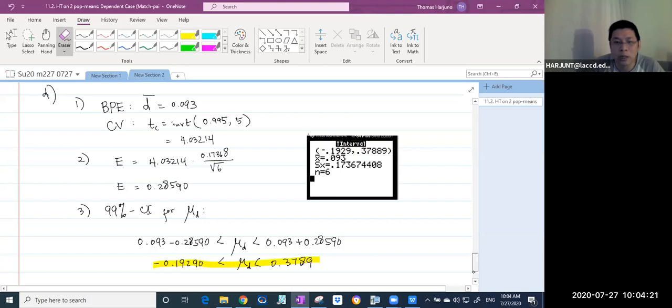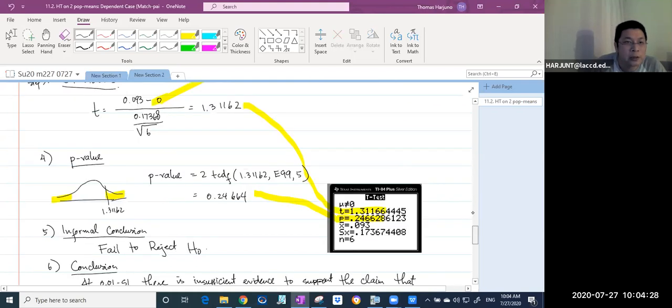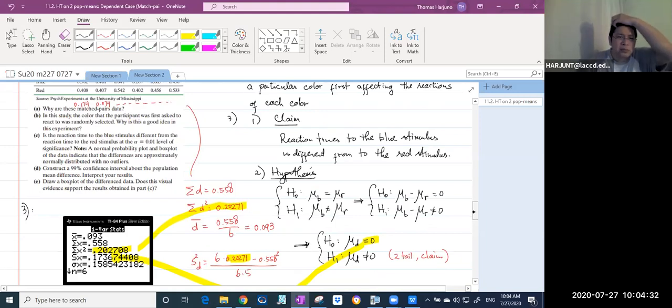In the last 1 minute, I want to show you one thing. We want to do the box plot of the difference data.